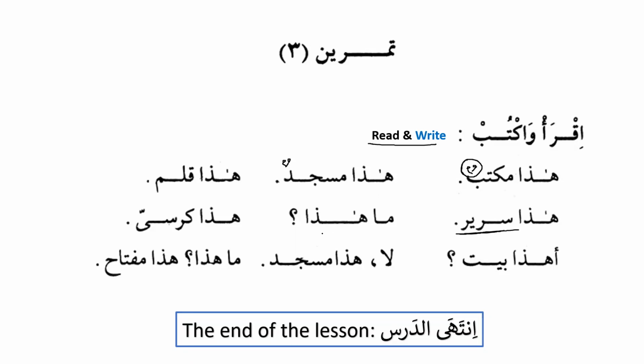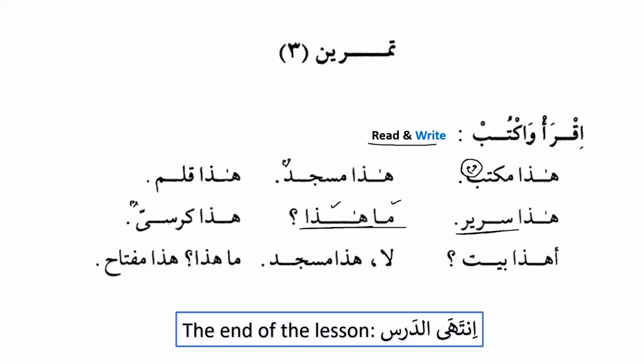Then we have ما هذا. Okay, the case ending of ما هذا, don't change anything. The ending will not change because we know ma is a fixed noun or fixed particle, and هذا is also a fixed particle. So we don't have to put any ending over here. هذا كرسي. This is a chair. So here we will put the case endings.